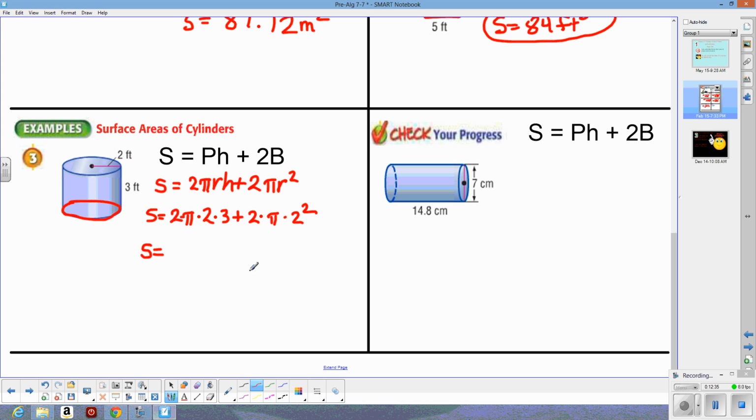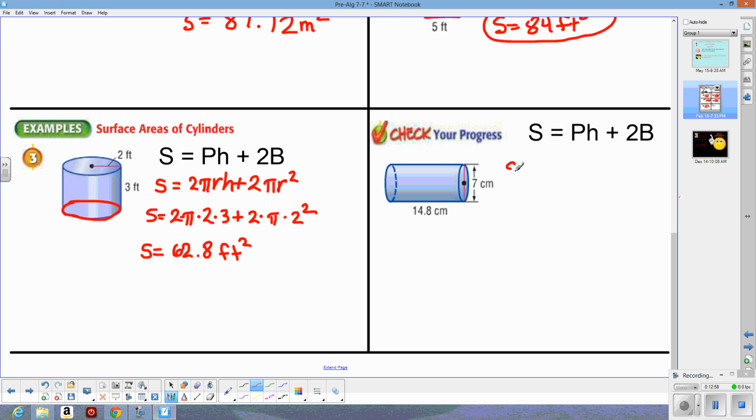And it works out to be about 62.83 and a whole bunch more numbers. So to the nearest tenth, about 62 and 8/10 feet squared. You may want to pause the video and try the next one on your own.